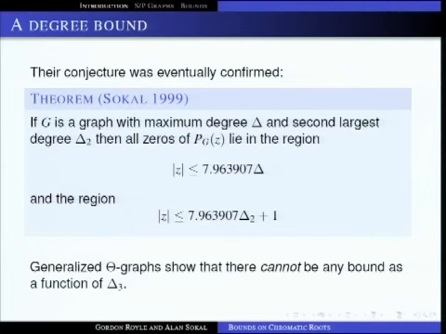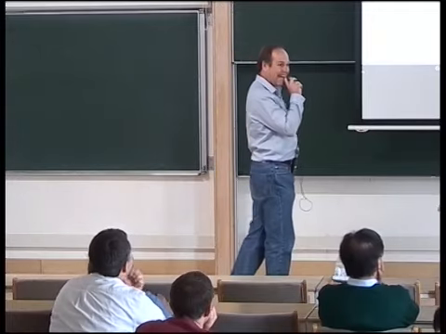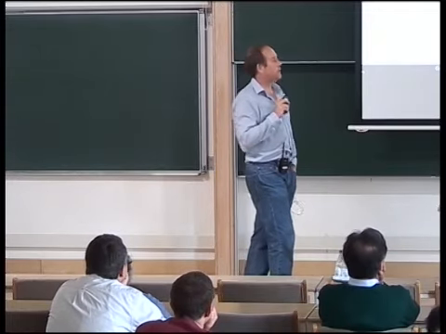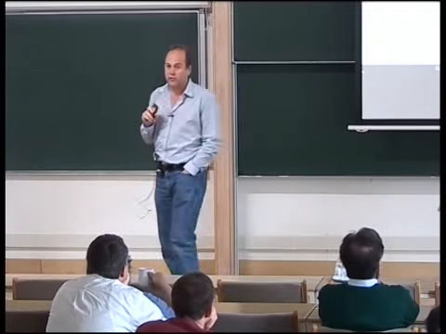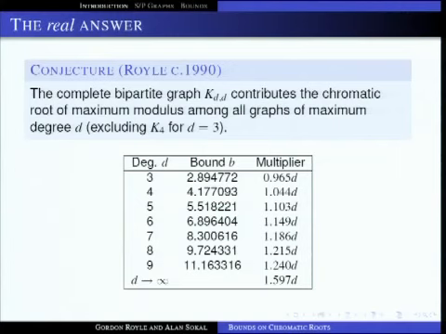And what are the worst examples? For 18 years I've been hawking this conjecture around to anyone who cares to listen, that in fact this little 2D vertex graph is the worst. Always, except for d equals 3 when K4 is a little bit worse.